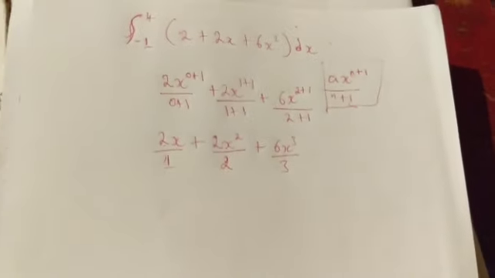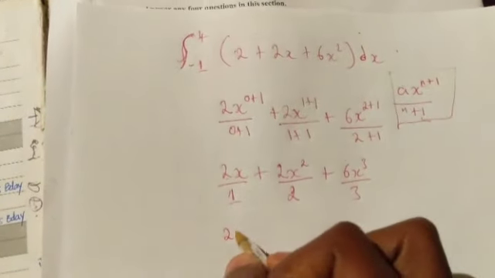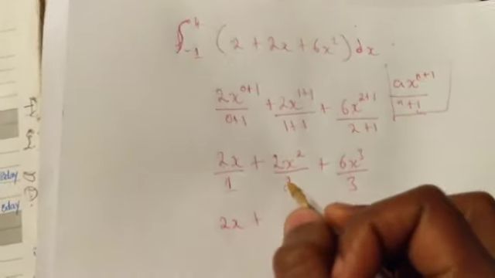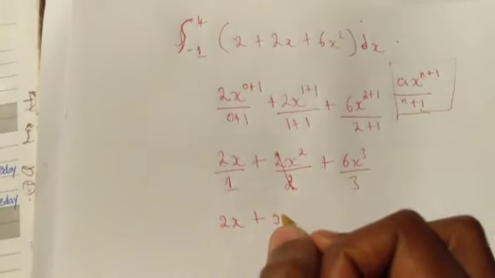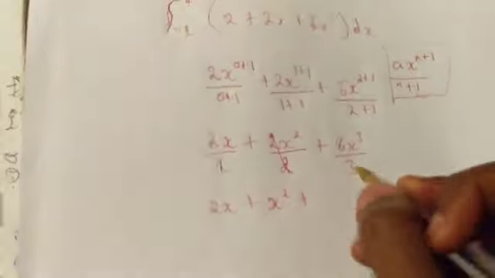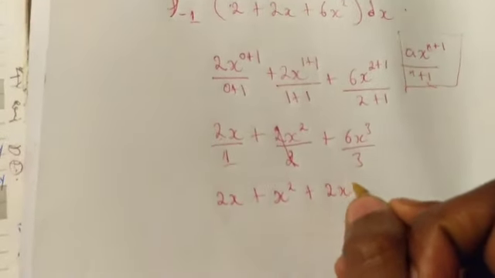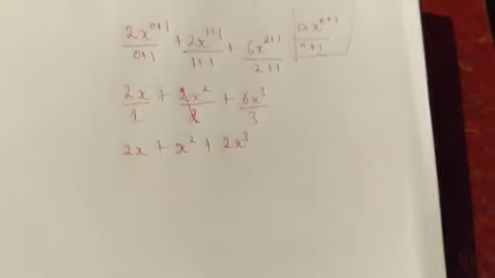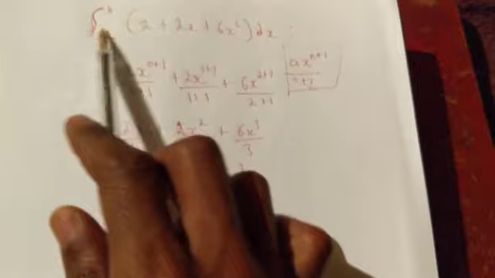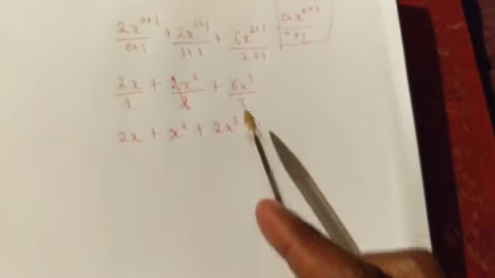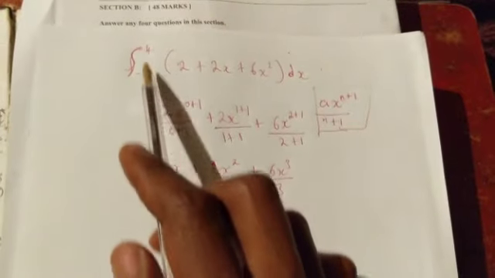Then when we reach here, 2x over 1 gives 2x, the 2 and 2 cancel because there is 1 there, so it will be x squared plus 6 divided by 3, which is 2, times x to the power 3. This is what we do when we are integrating. If we didn't have the limits, we would have finished here; that is the final answer.